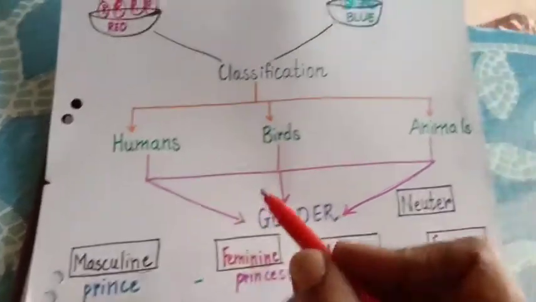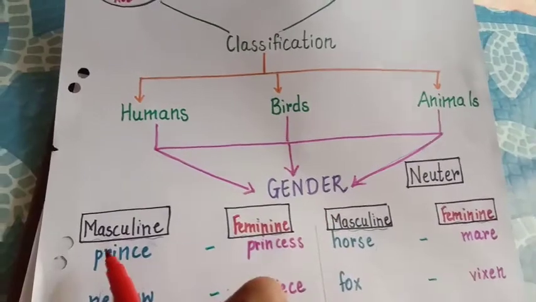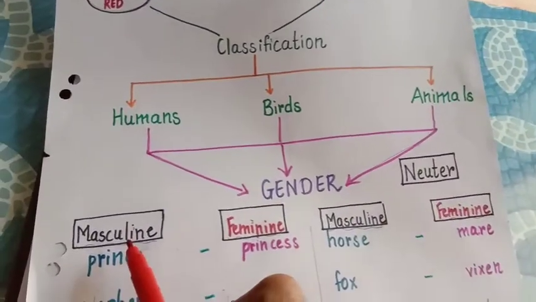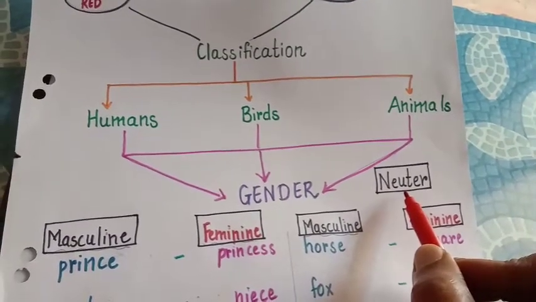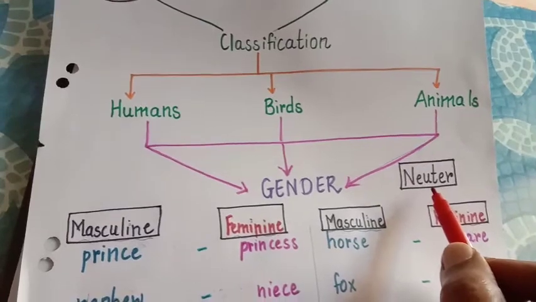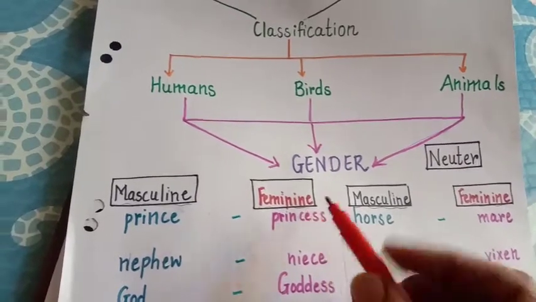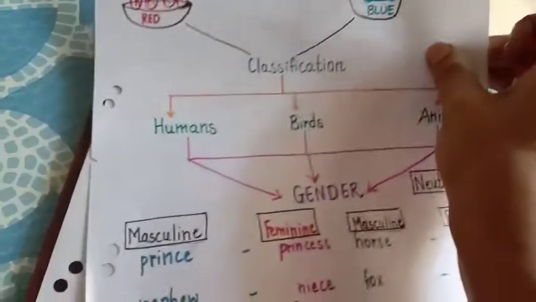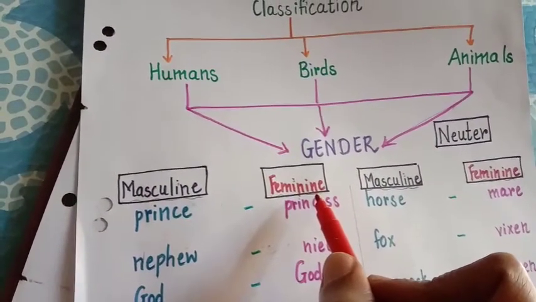Now, gender is broadly divided in 3 forms, that is masculine form, feminine form and neuter gender. But today we are going to concentrate on masculine gender and feminine gender. All the human beings, birds and animals are divided in masculine and feminine forms.